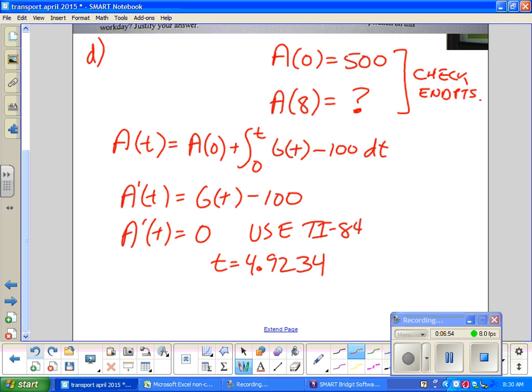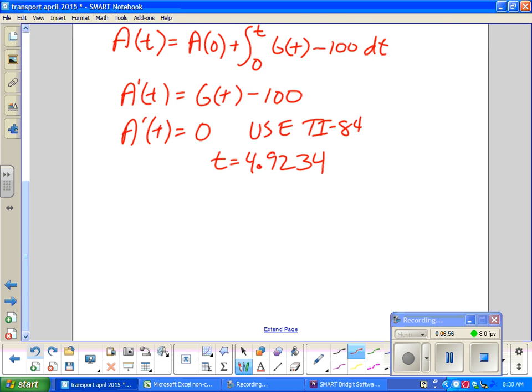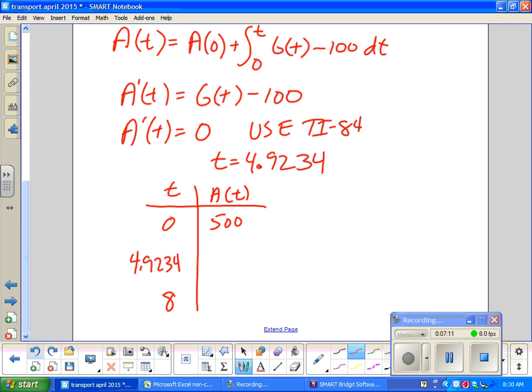Now I could do the first derivative rule and check, but in this case it just takes too much time. So maybe I make a quick table. 0 is 500, we know that. And we're going to have to plug in 8, and then 4.9234. And now I'm going to pause the video because I'm going to have to type these in my calculator. I should have put this on before I paused.